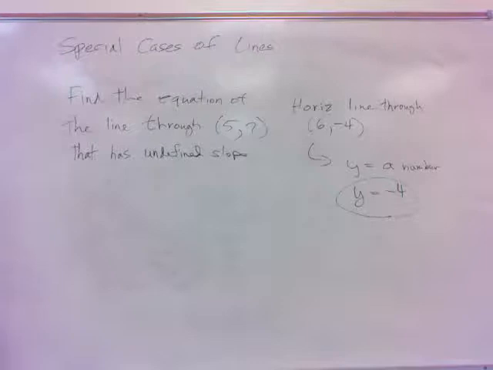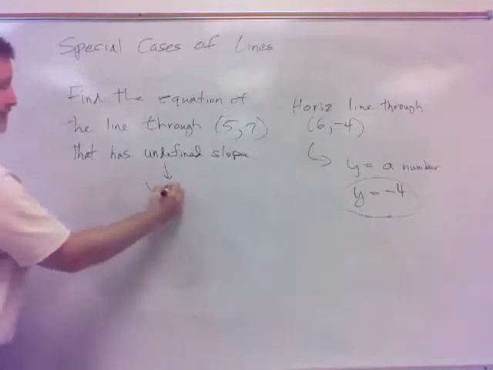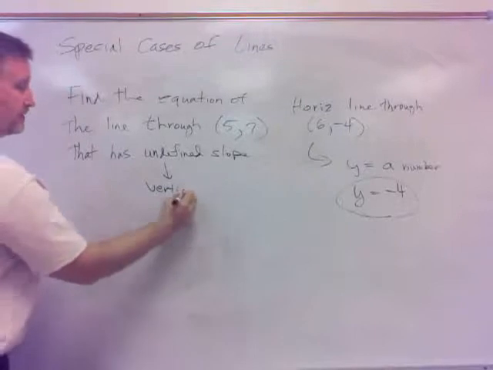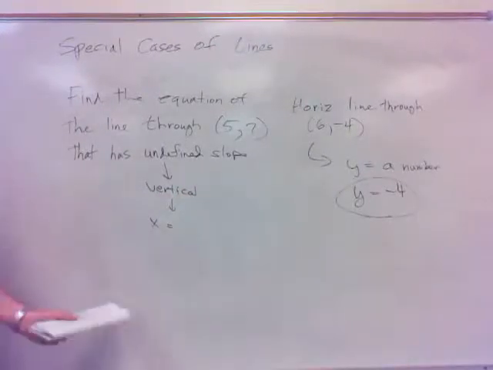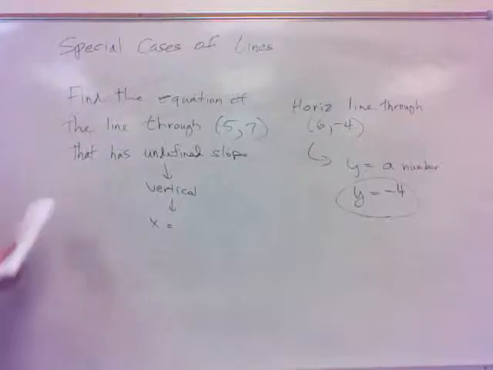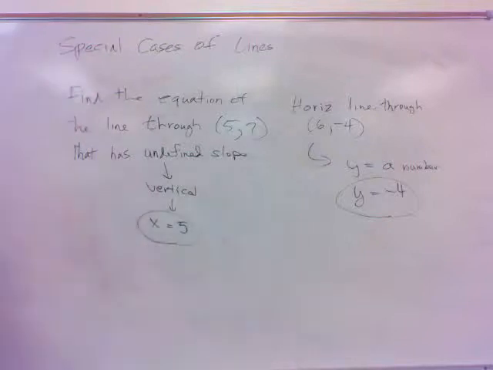Undefined slope means what type of line? Vertical line. And vertical line is x equals a number lines. So this equation that I want is an x equals a number line, which, what is the x? 5. That's it, okay? So, again, a little simple problem if you know the story here, okay?